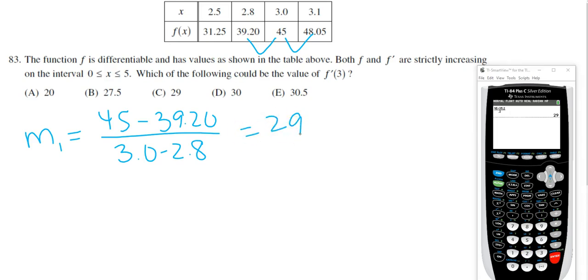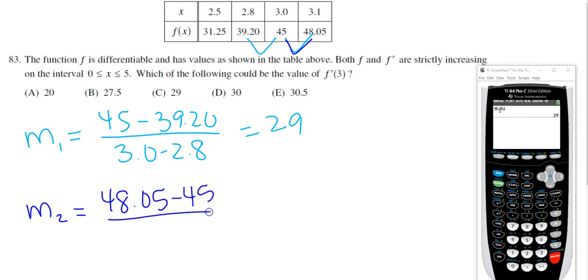And then I will find slope between those two. I'm going to call that m2 for slope 2. So that's going to be change in y over change in x. Okay, again, let's make the calculator do that. So 48.05 minus 45 all over 0.1.